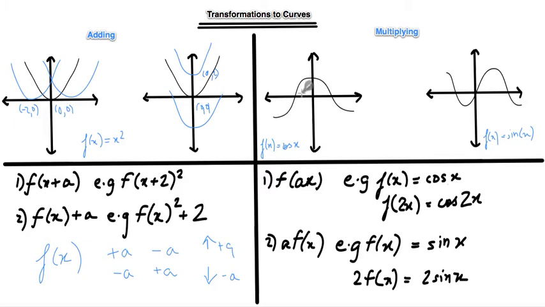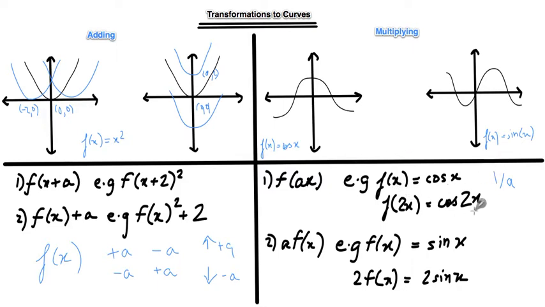What this does is basically a horizontal stretch of scale factor 1 by a. So what does this mean? This means that all the x coordinates are multiplied by 1 by a, and you don't do anything to the y coordinates. It's basically squashed up in a horizontal direction.